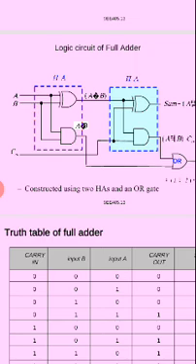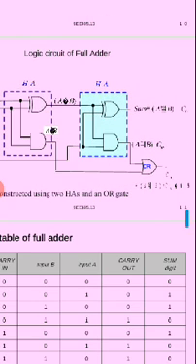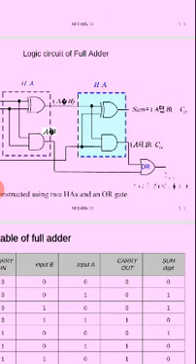The carry output of the first half adder is given to the OR gate, and the carry output of the second half adder is given to the OR gate; that is C out of our full adder.